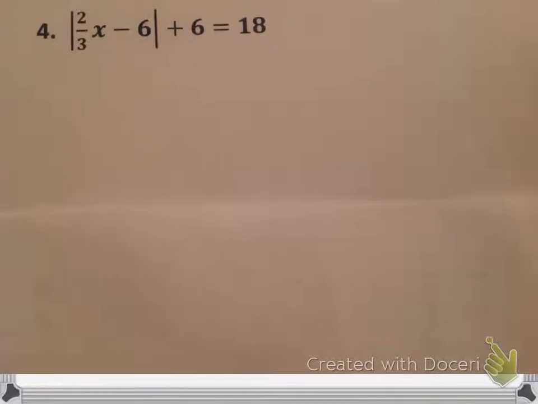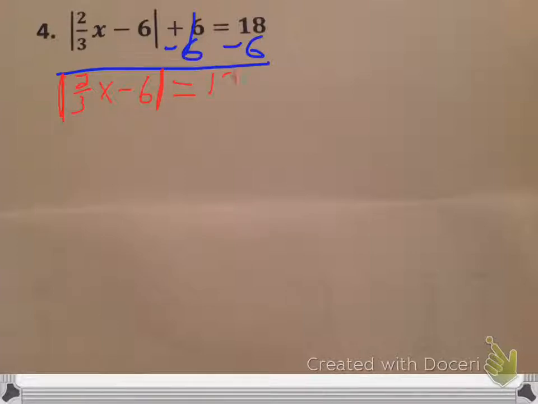We now move on to number 4. Since this number 4 has a 6 out here on the side, I need to get rid of the 6 so that I can get the absolute value by itself. So I'm going to take this plus 6 and I'm going to go minus 6 from both sides. When I do that, the 6's cancel, and that leaves us with the absolute value of 2 over 3x minus 6 equals 18 minus 6, which is 12.